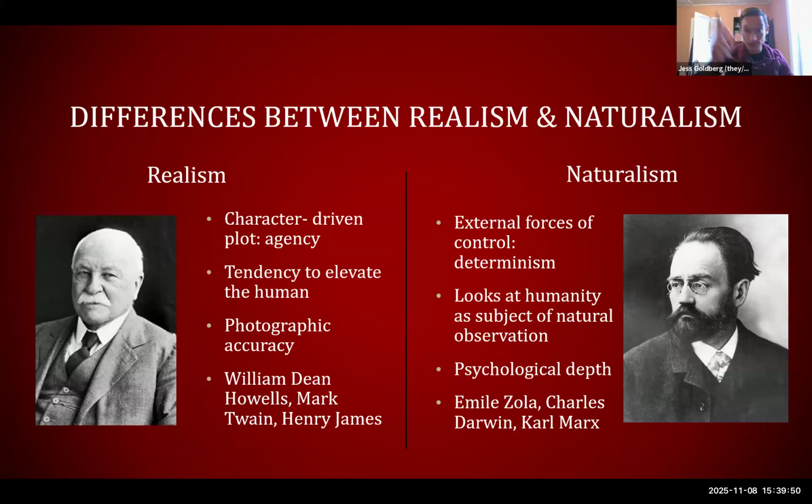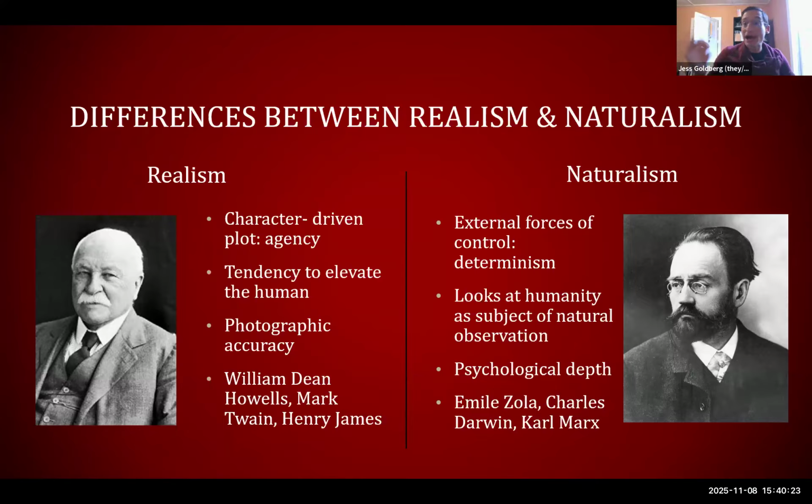I would say Life in the Iron Mills is more naturalist than realist because there's really only one action that our protagonists take that drives the plot forward, and that is when Deb steals the money. And you could argue that Deb stealing the money is even something that is preordained by the capitalist system's impact on her. So realism really focuses on how character decisions and character actions are what drives the plot.